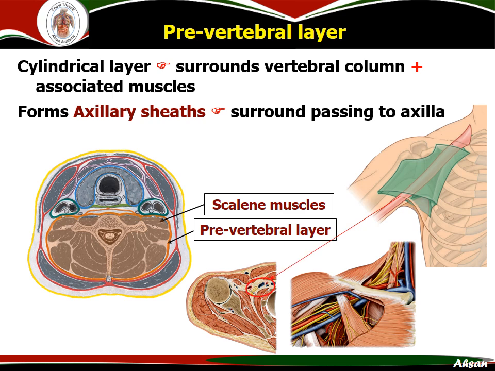You can see in the figure the axillary sheath and its structures. So the prevertebral layer continues into the axilla as a tunnel, and this is anatomically important and carries some clinical significance.